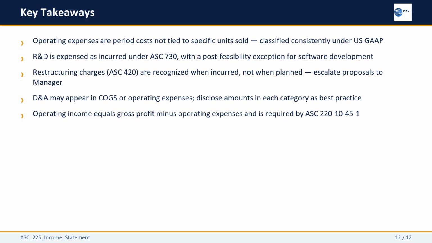Restructuring charges under ASC 420 are recognized when the liability is incurred, not when a plan is announced, and any proposed charge should be escalated to your manager. Depreciation and amortization can appear in COGS or operating expenses, but the amounts in each category should be disclosed. And operating income, gross profit minus operating expenses, is the subtotal that ASC 220-10-45 requires and that analysts depend on for cross-company comparisons.